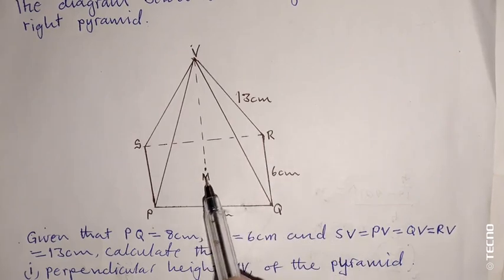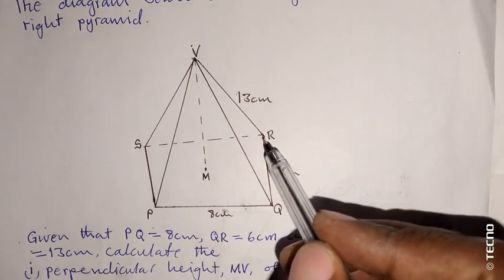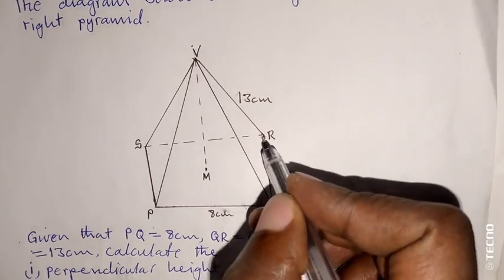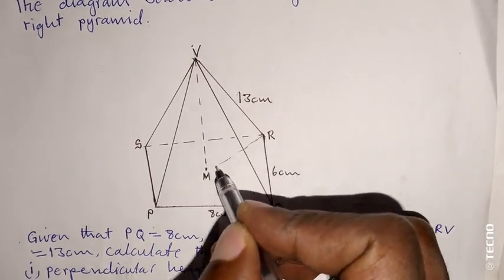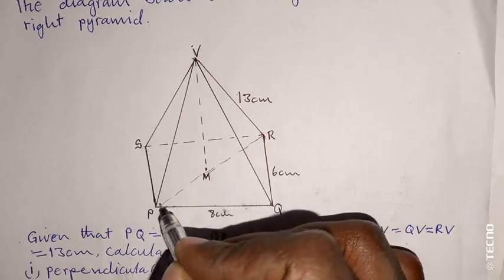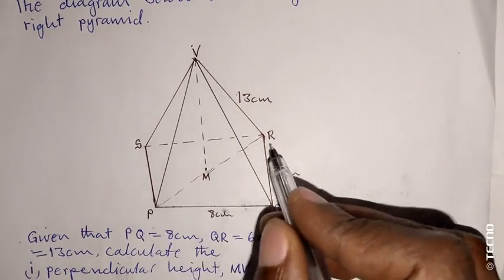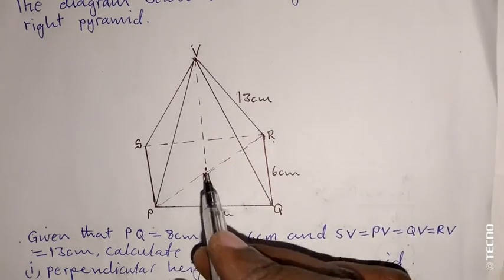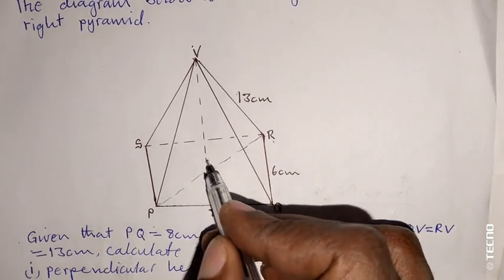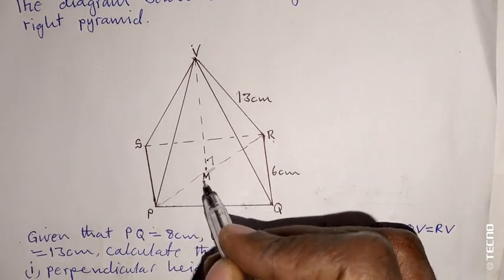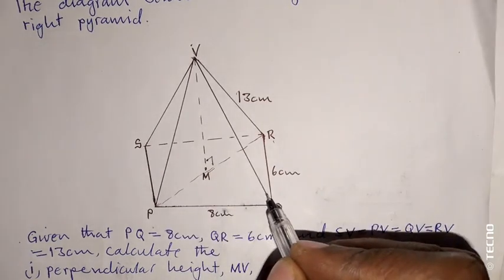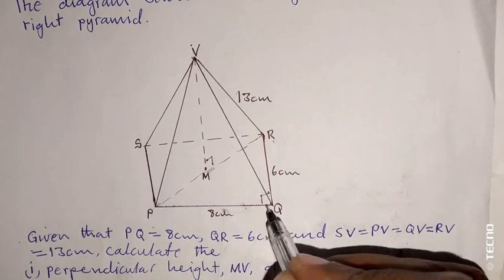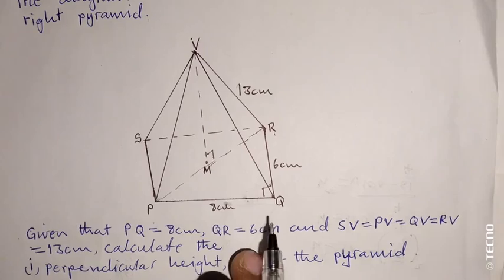So what we are going to do is find the diagonal, which is passing like this, which is PR. After calculating the diagonal, that's when we will be able to calculate the height, which is MV. So to calculate the diagonal, we are going to use Pythagoras theorem.